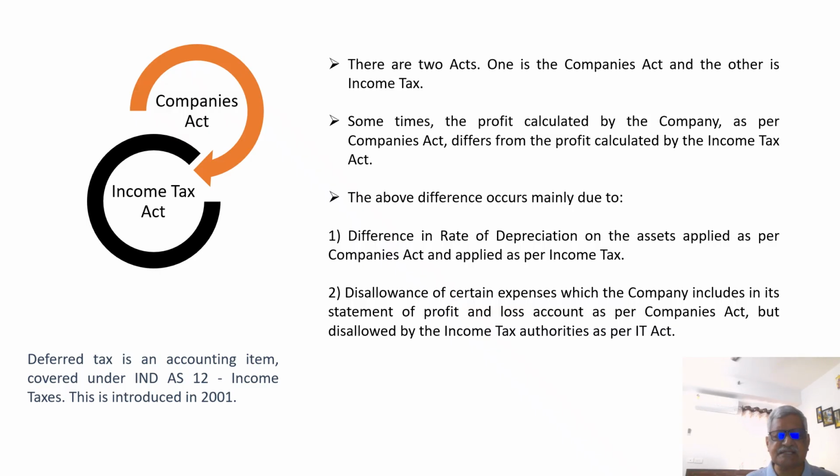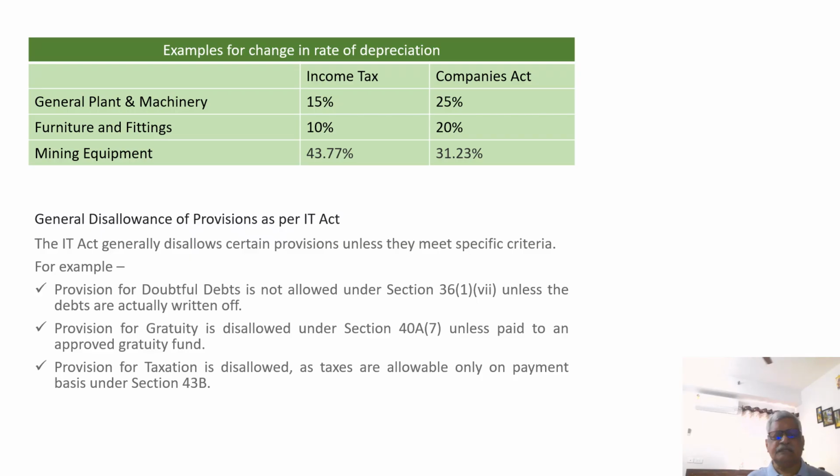Deferred tax is an accounting item covered under Ind AS 12 Income Taxes. This was introduced in 2001. Examples for change in rate of depreciation: for general plant and machinery, income tax allows 15% depreciation, whereas the Companies Act allows up to 25%.